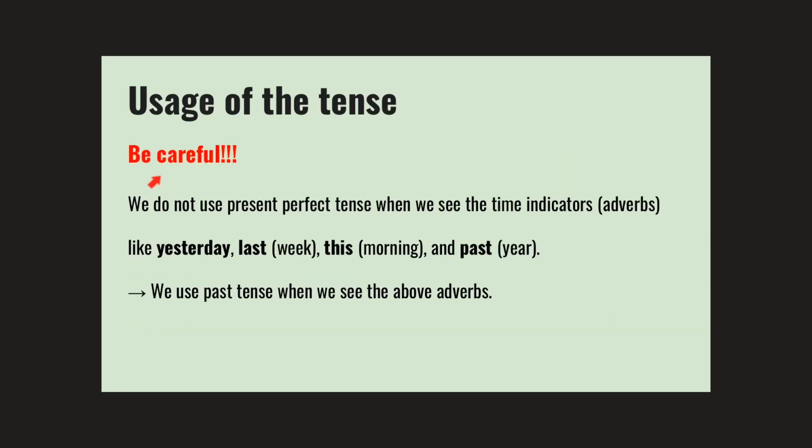Lastly, be very careful. We do not use present perfect tense when we see time indicators like what I just said: yesterday, last something, this something, and past something. We use past tense for these. So when you're seeing these time indicators, you must use past tense.